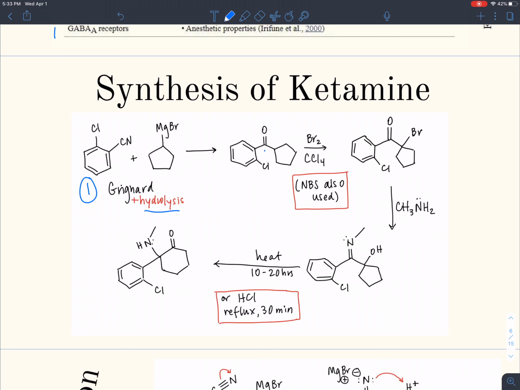And then we have an alpha bromination right here using bromine, followed by an imination reaction, which is going to kick off water, and that water is then going to come in and act as a nucleophile after bromine jumps off in an SN1 reaction. So then this is heated, and we are going to get our final product. I will refer to these side notes throughout the more detailed look at all of these steps.